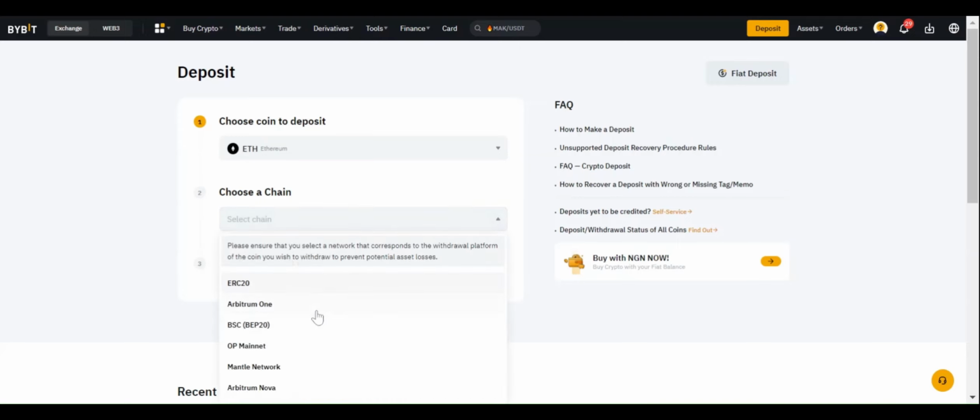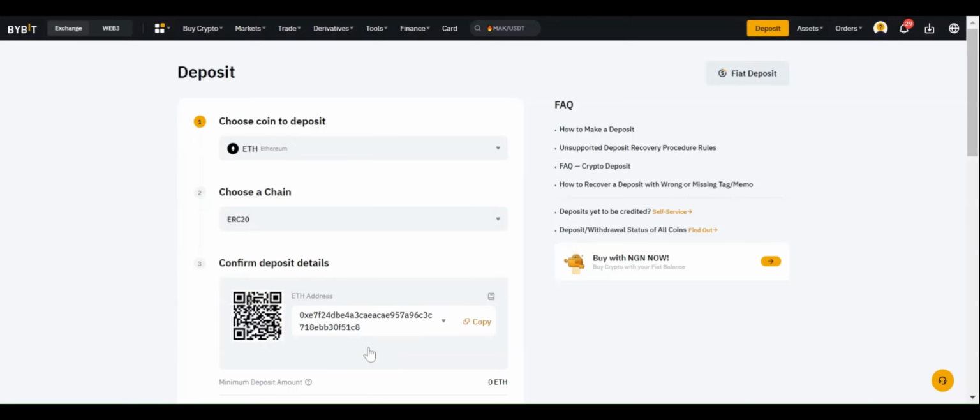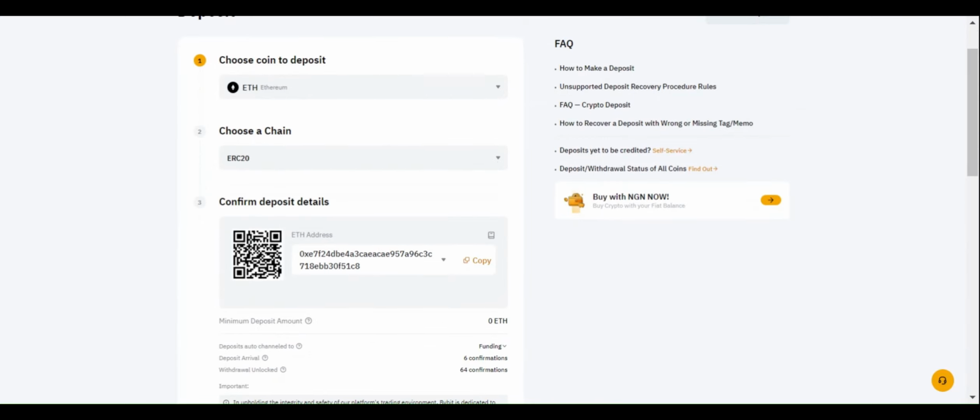So different blockchains would have different addresses, right? So if I selected ERC20, which is Ethereum's blockchain, please confirm that you are depositing ETH to this address. And once I click acknowledge, it would show me an address, right? So this is the ETH address if I wanted to deposit ETH into my wallet.